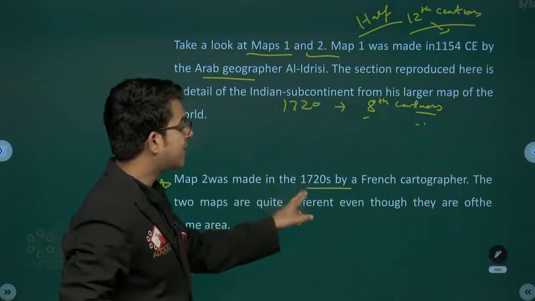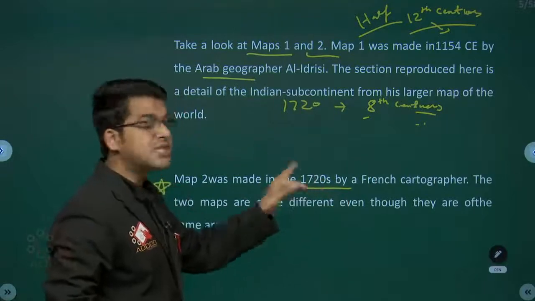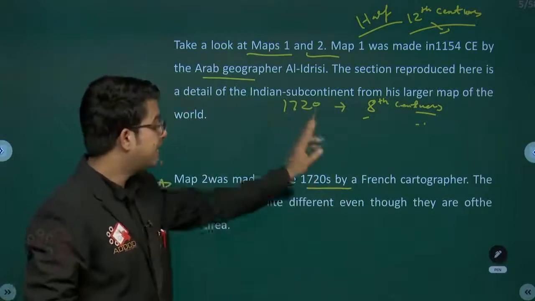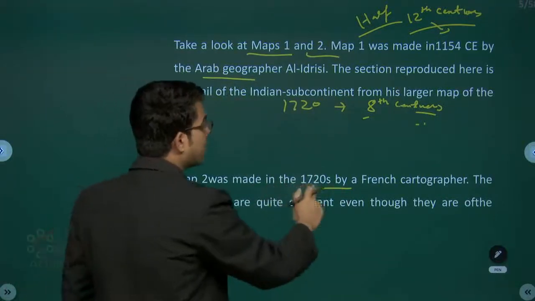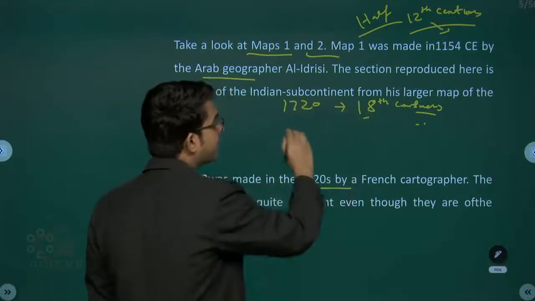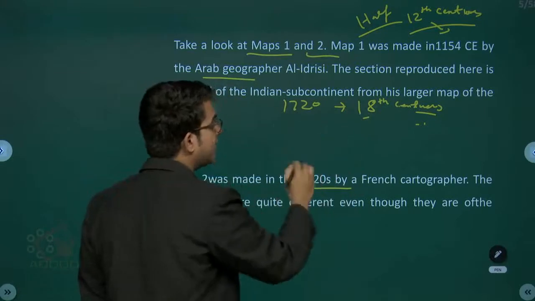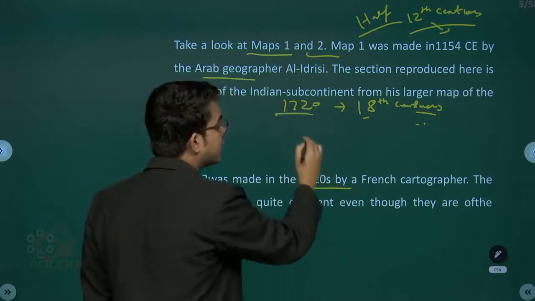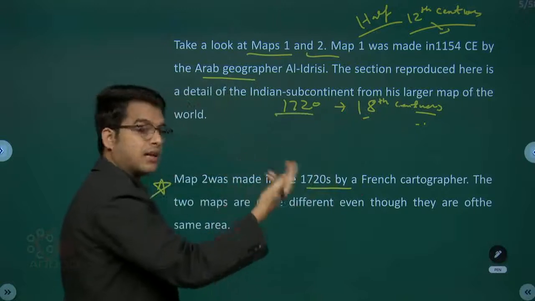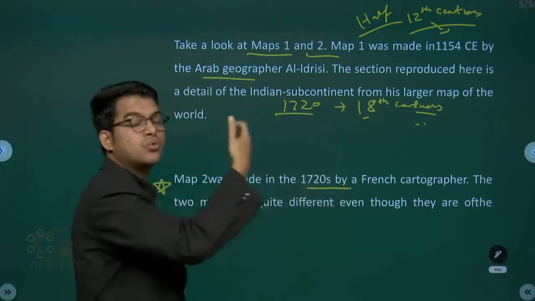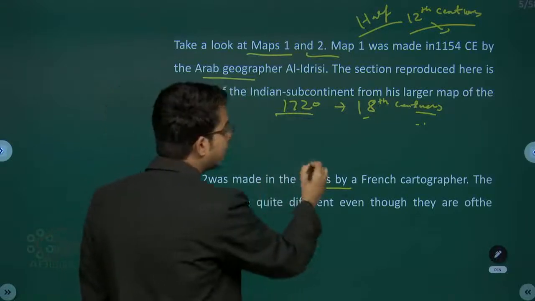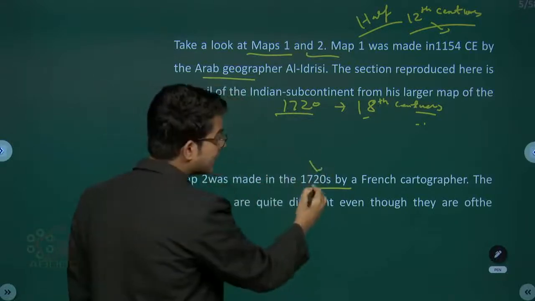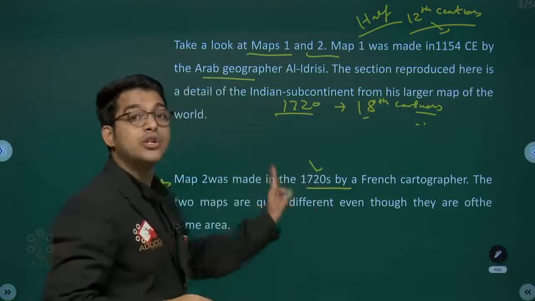So what we are talking about, 1720s. 1720 means not the 17th century, but the 18th century, because it is going to cover the 18th century. And specifically, the second decade or the third decade, 20 years? 20 years means 21 to 29. So the third decade we are talking about, not the second decade, because it is not 720, it is 720s.